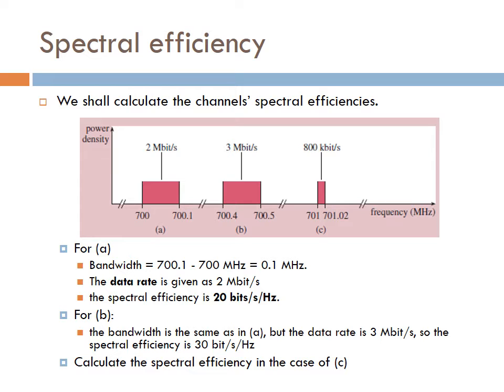Since A has 20, B has 30 and C has 40 bits per second per hertz, the case of C has the highest spectral efficiency, while it has the minimum bit rate compared to the two previous cases.